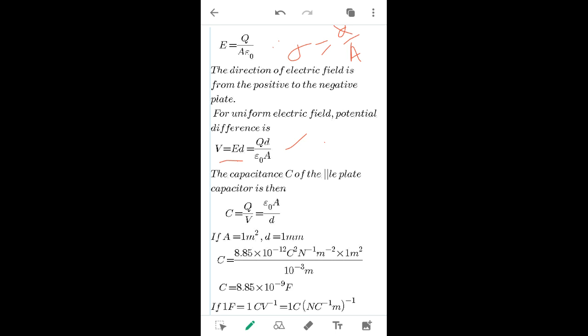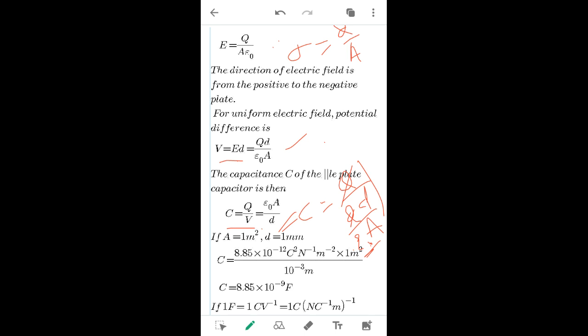According to the definition, the capacitance is C equal to Q by V. We substitute for the potential, so C is equal to Q divided by Q d upon epsilon naught A. Q and Q get cancelled, and what is in the denominator comes to the numerator, and hence we have epsilon naught A by d. So this is the capacitance equation, C equal to epsilon naught A upon d.